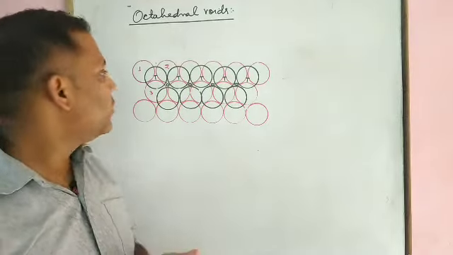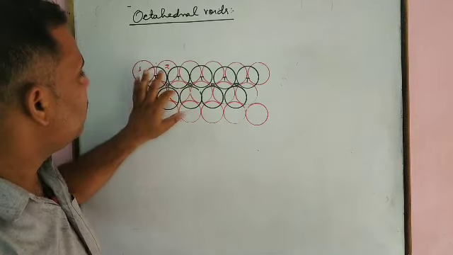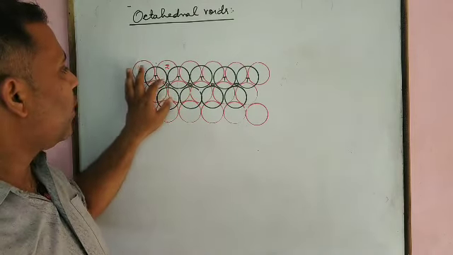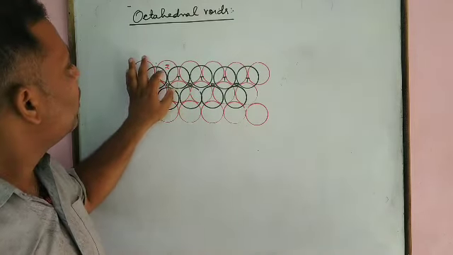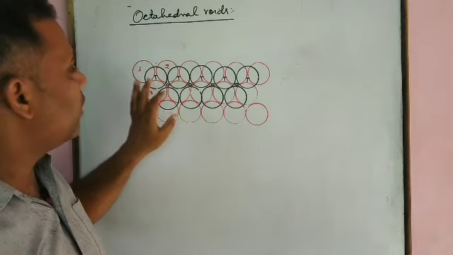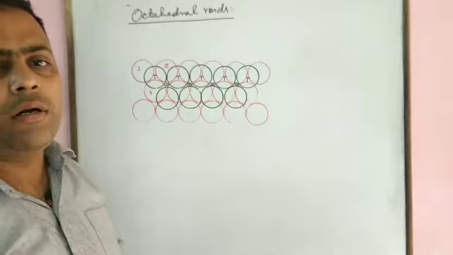How will we get it? If we join the centers of these spheres, then we will get octahedral voids.